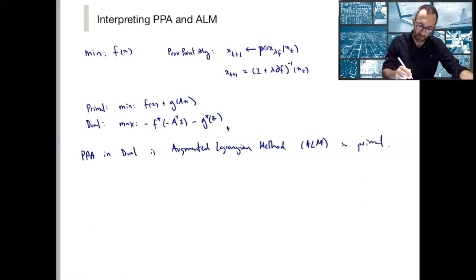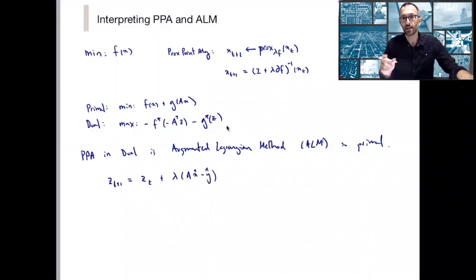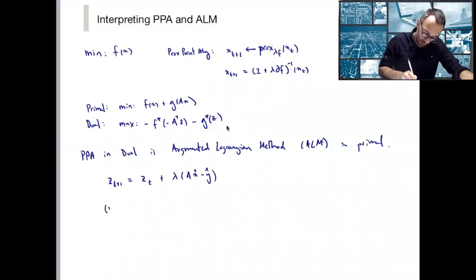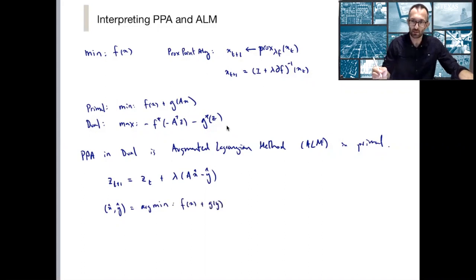And specifically what this means, and again, see the previous lecture in this series for the details, is that z_{t+1} can be defined as z_t plus lambda (A x hat minus y hat), where x hat and y hat are the solutions to the augmented Lagrangian problem, which is f of x plus g of y plus the usual Lagrangian term, z_t transpose (Ax minus y).